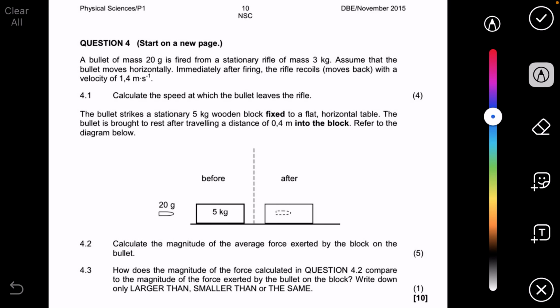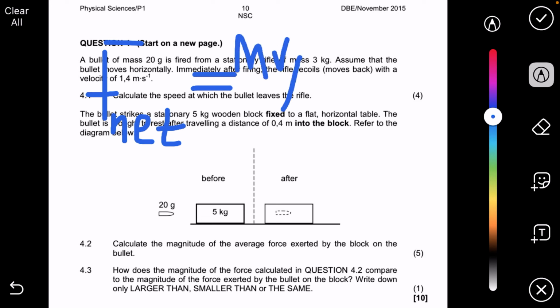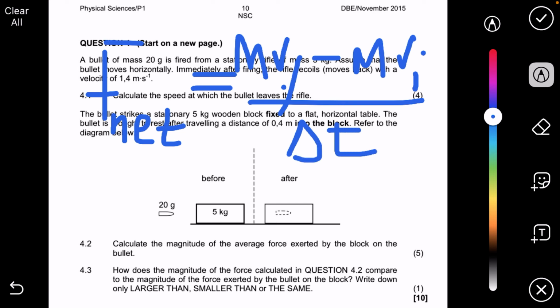Massively important, ladies and gentlemen. Since they want you to calculate the force, you can use this formula, which says force net equals change in momentum, which is mv final minus mv initial, divided by change in time.